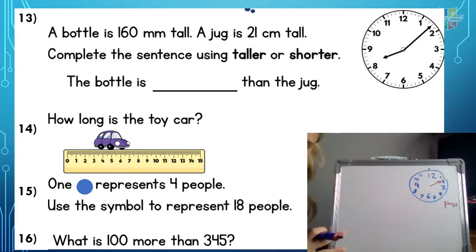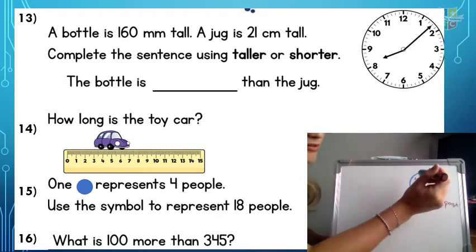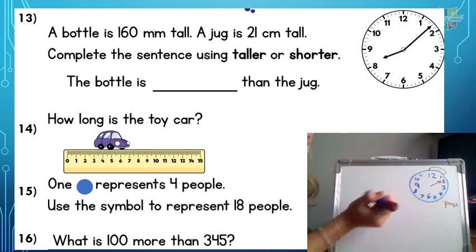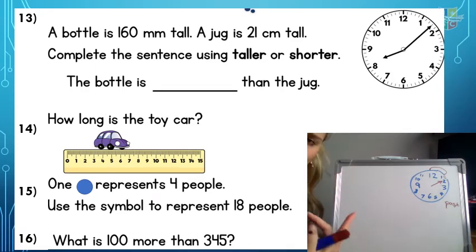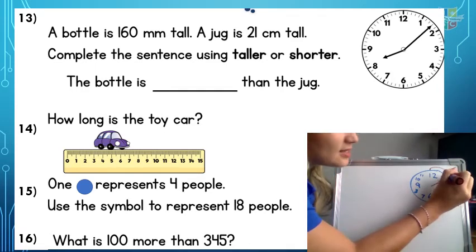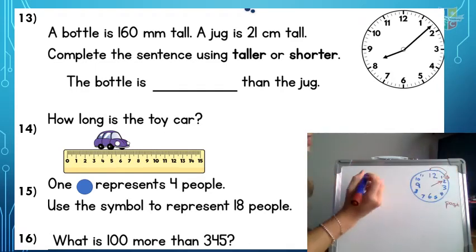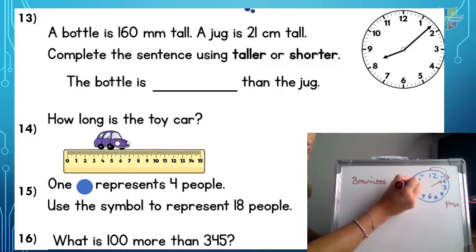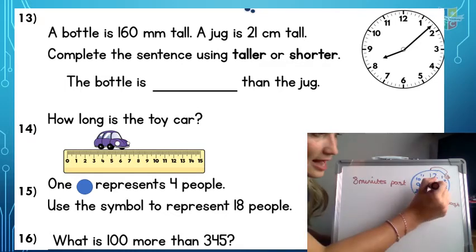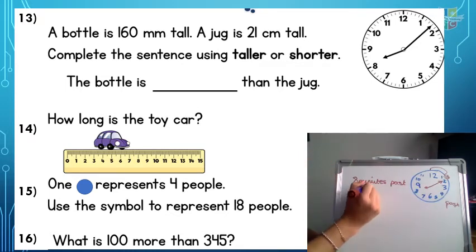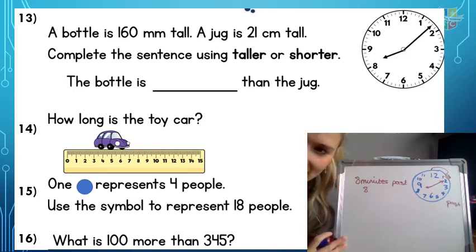Now I can count up in 5 to start with until I get just before. So I can count 5 to get to 1. Then I want to count my extra ones, 6, 7, 8. So I can see that it is 8 minutes past. Then I look at my hour hand. My hour hand is very slightly past 8, so it's 8 minutes past 8.